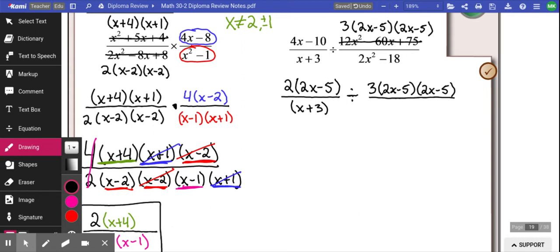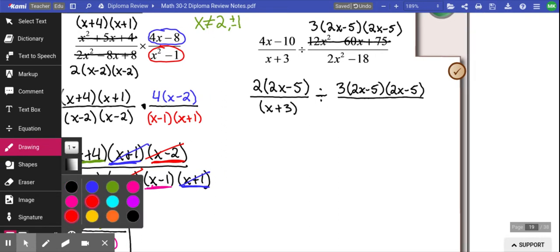In the denominator, 2x squared minus 9. When you go to factor, the first thing you always check for is a greatest common factor. That thing does have a greatest common factor. I could take a 2 out, which would leave me with x squared minus 9. If you did that, that's wonderful. But after you do a greatest common factor, you have to check to see if you have another factor you could do.